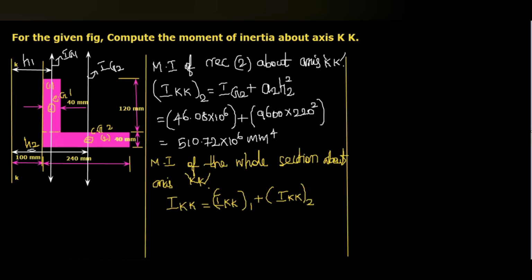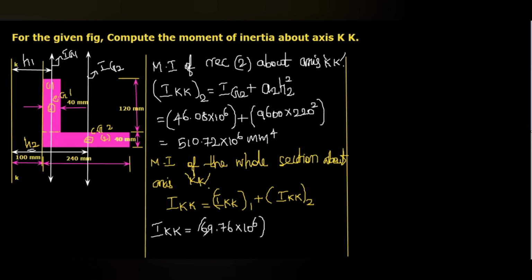We calculated IKK1 as 69.76 multiplied with 10 power 6 plus IKK2, that is 510.72 multiplied with 10 power 6.